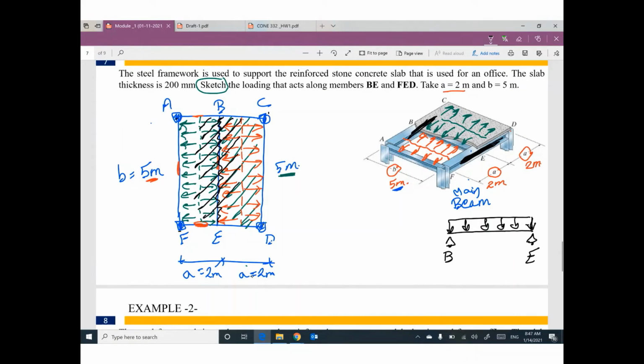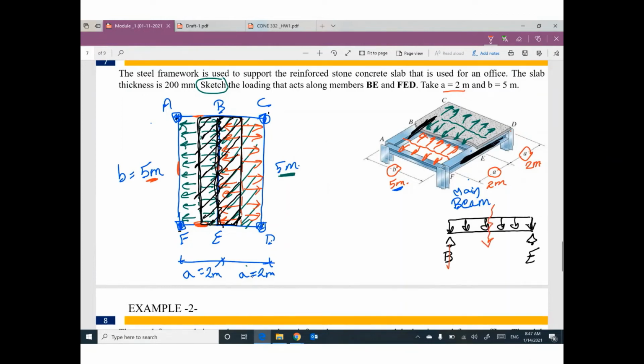Can you watch the black area? This one looks like a rectangular shape of the slab. So the part supported by this beam BE will look like a rectangular shape like this. From structure analysis or engineering mechanics, this distributed load has an equivalent.